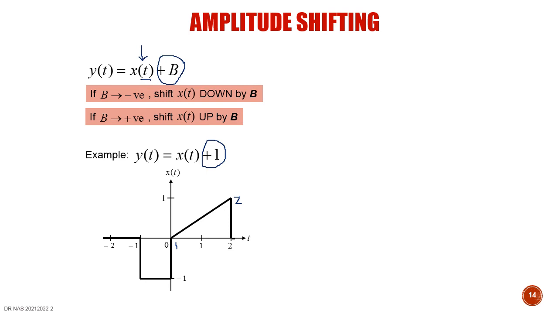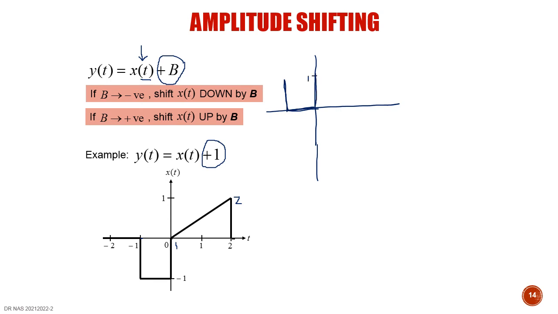The original amplitude at point 0 is now at point 1. So let's draw how this signal looks. Everything will be shifted up by 1. So -1 now becomes 0. Here 0 becomes +1, and here 0 becomes +1.